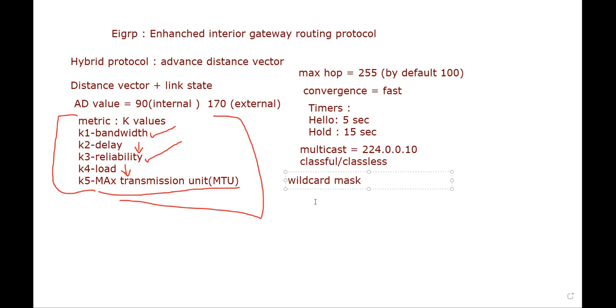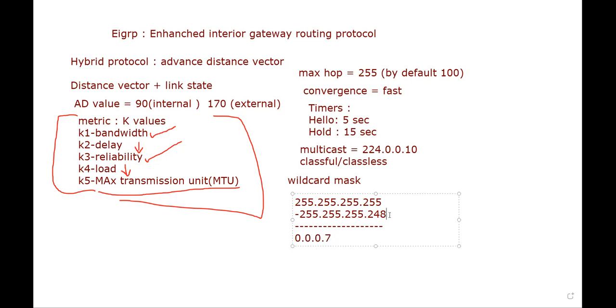Now, what is a wildcard mask? A wildcard mask is used in routing. It is similar to a subnet mask, but the wildcard mask is used for exactly matching the route in the routing table. To find the wildcard mask, take the broadcast address and subtract your subnet mask from it.